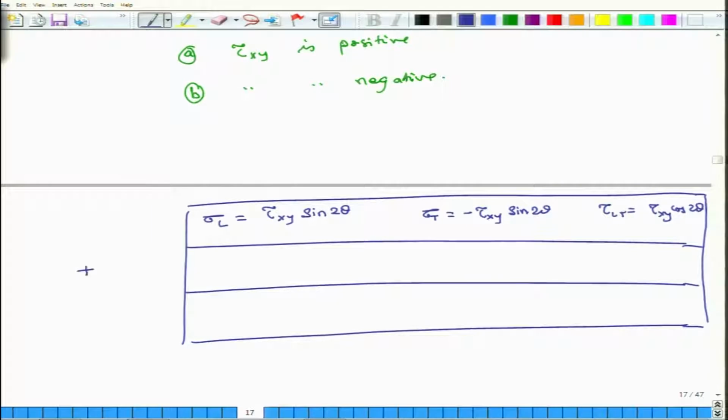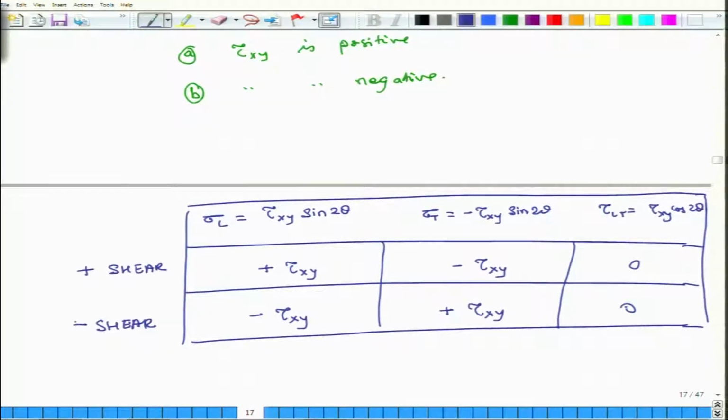In the first case it is positive shear and in the second case it is negative shear. Theta is 45 degrees, right. The only thing that varies is whether tau xy is plus or minus. So, this is plus tau xy, this will be minus tau xy, and this will be 0, and in the other case this is minus tau xy, this is plus tau xy, and this is still 0.